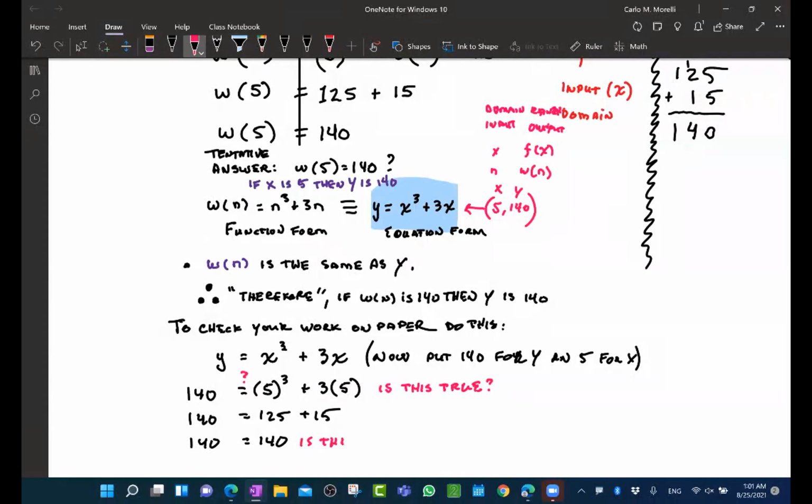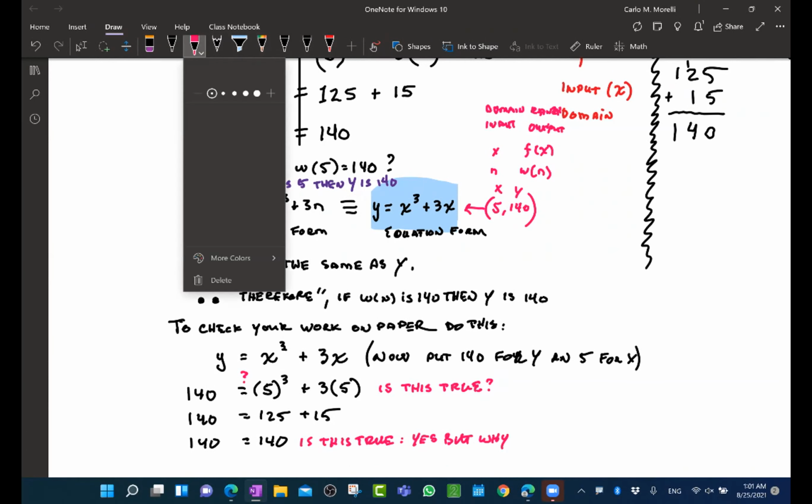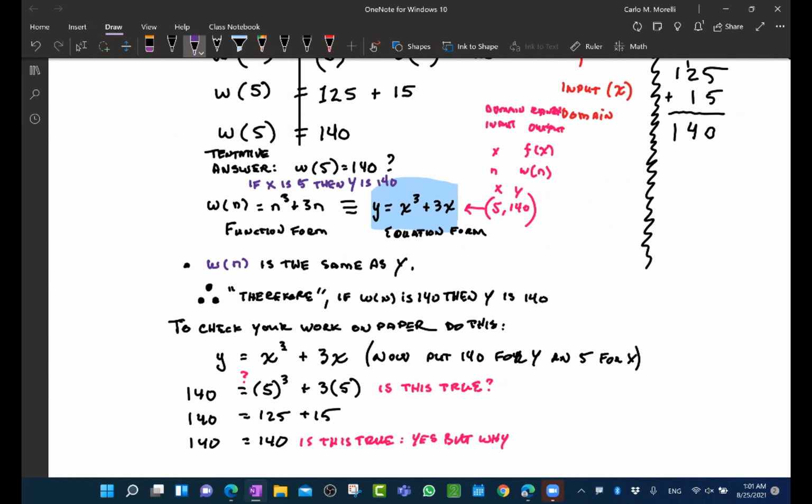Now, the question is, is this true? And the way that you justify it, of course, the answer is yes. But why, right? Why is it true? And the justification for that is called the identity property of equality. So we say that this is true by the identity property of equality.